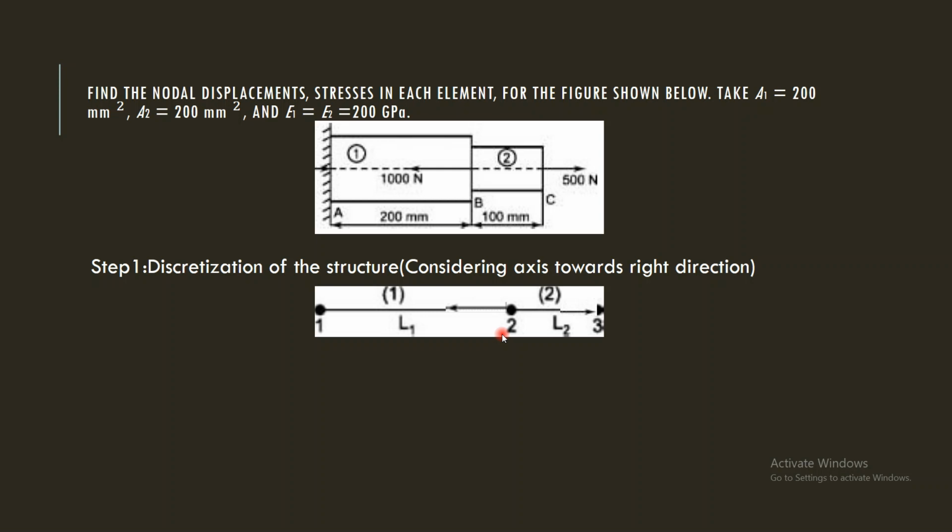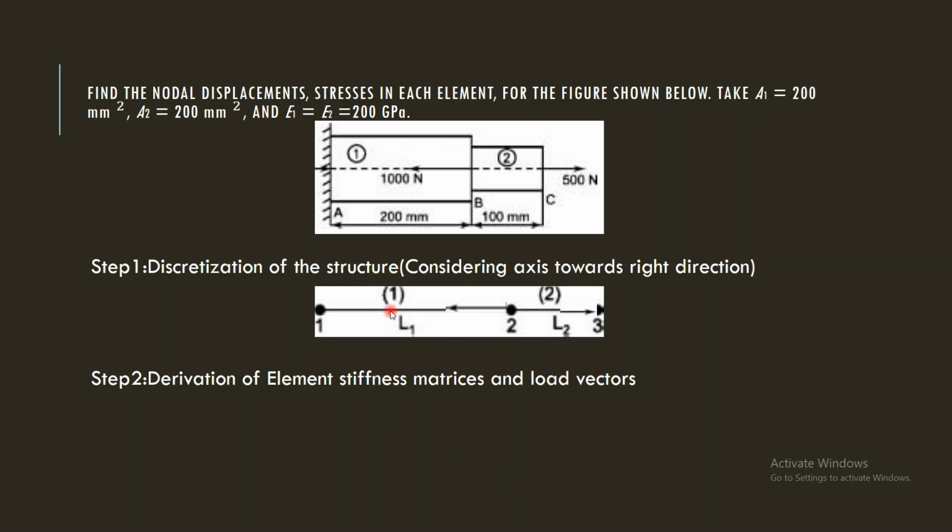Okay. So after this, the next step is where I should find out the related contents with respect to element 1 as well as element 2. That is useful for the stiffness matrix, where if you recall the whole equation, it is nothing but AE by L multiplied by the matrix [1 -1; -1 1].